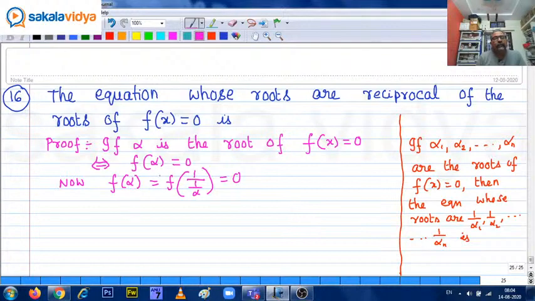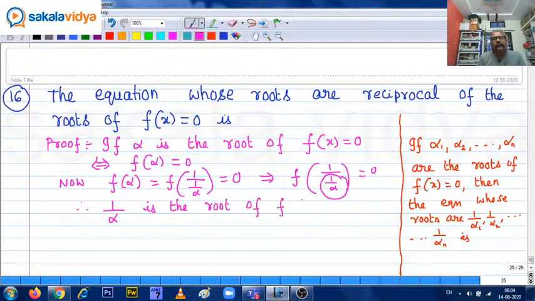Therefore, f of alpha is equal to 0 means alpha is the root of f of x is equal to 0. That implies f of 1 upon 1 by alpha is equal to 0, which means 1 by alpha is the root of f of 1 by x is equal to 0.